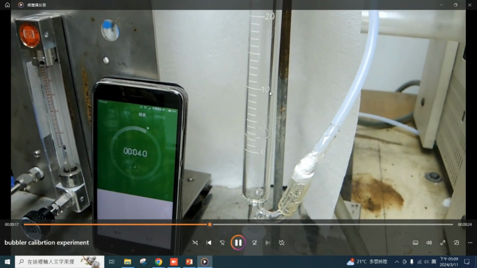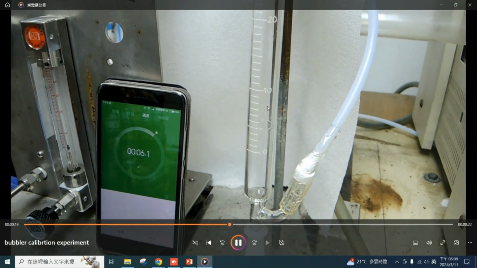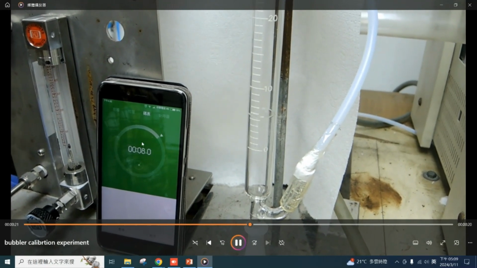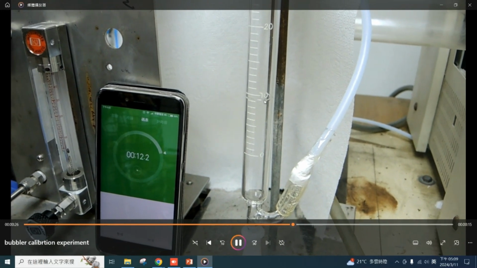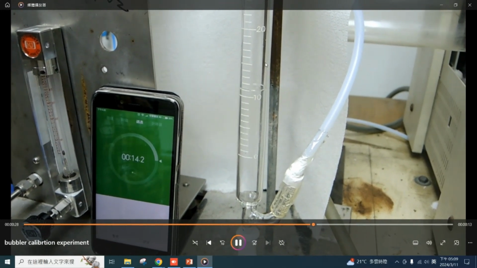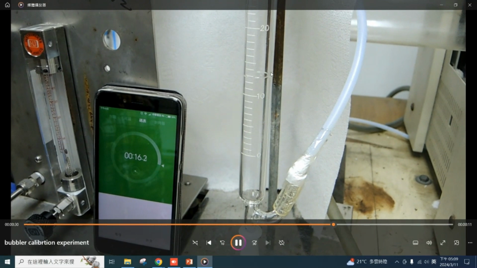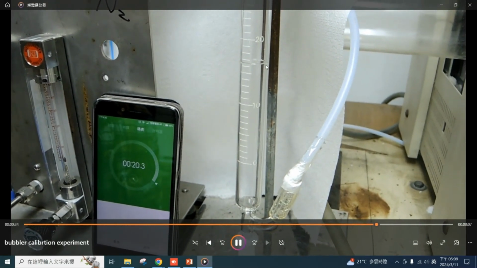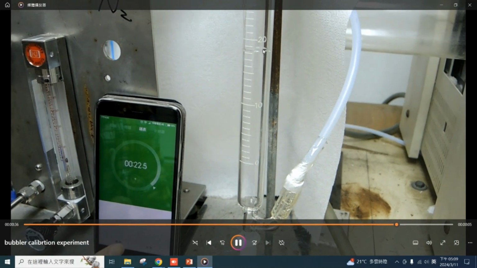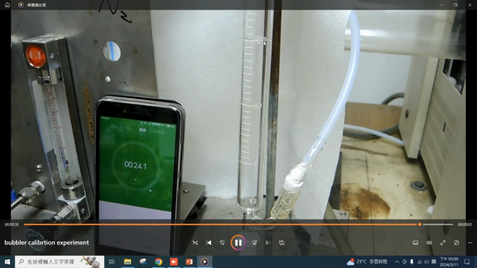This is 10 milliliter, from here to here, and this is the timer. Oh, sorry, it seems it goes to 20. So time goes by, and the bubble goes up.